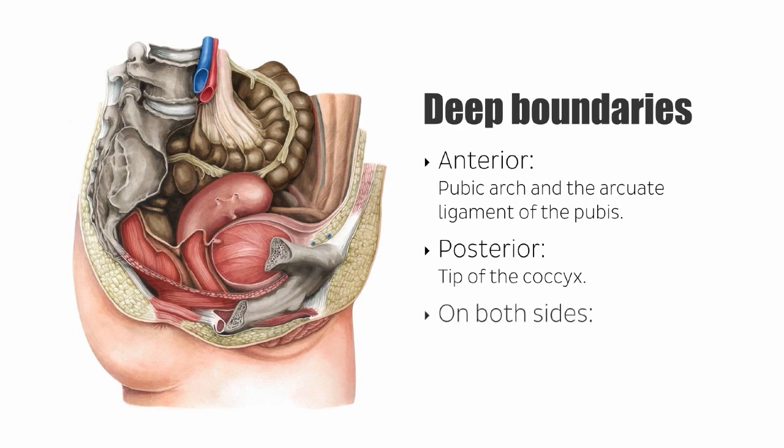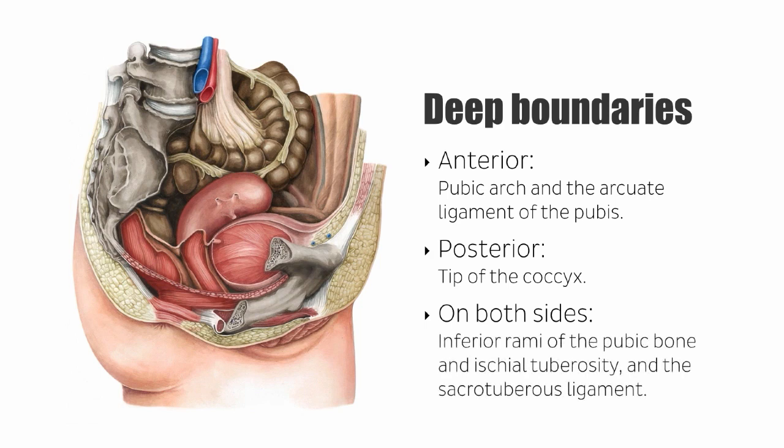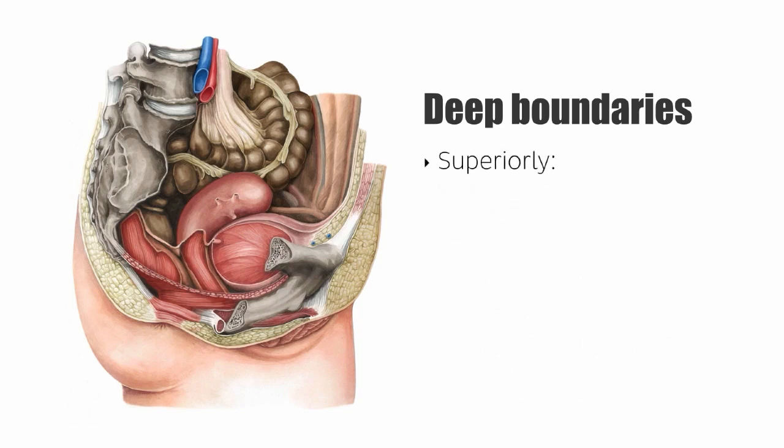On both sides, we're going to see the inferior rami of the pubis, the ischial tuberosity, and also the sacrotuberous ligament. Superiorly, as I mentioned before, the deep boundary of the perineum is going to be the pelvic floor or the pelvic diaphragm. And inferiorly, we're going to see skin and fascia.